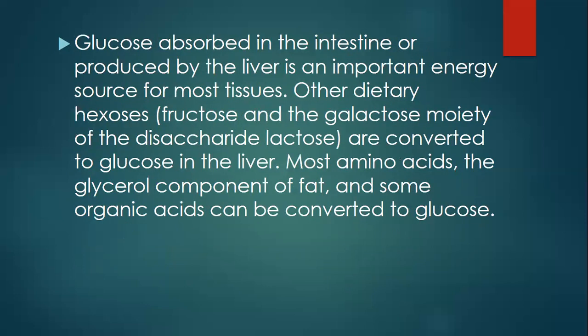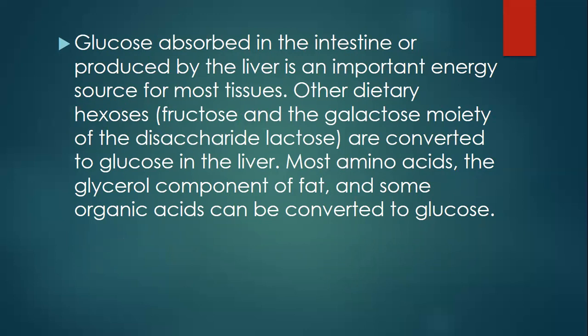Glucose, absorbed in the intestine or produced by the liver, is an important energy source for most tissues. Other dietary hexoses, fructose, for example, and the galactose moiety of the disaccharide lactose, are converted to glucose in the liver.